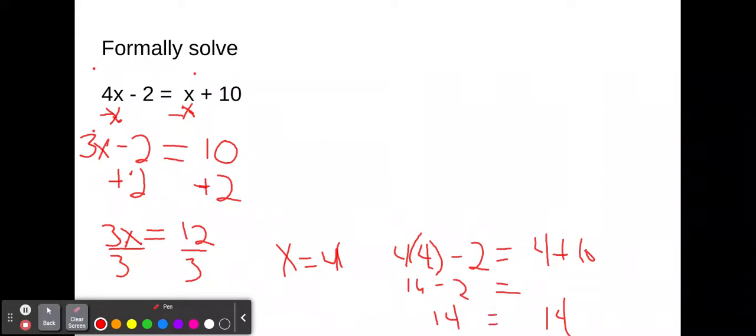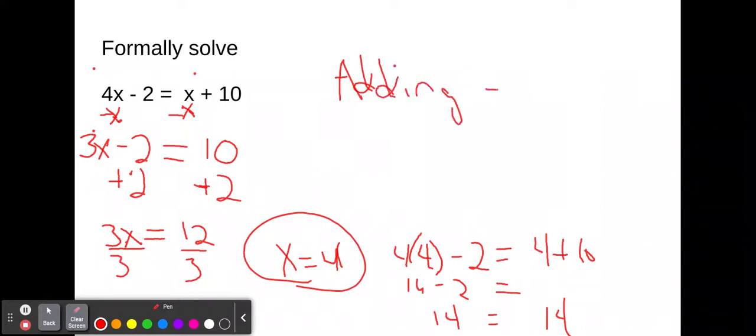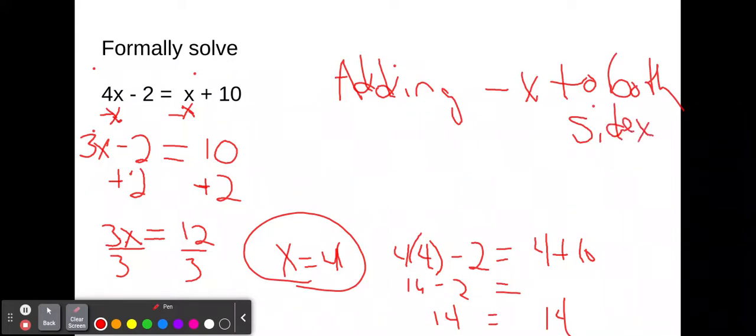So that shows me that that is indeed the solution. Kind of hard to read there, but step 1 was, I'm going to call it, adding a negative x to both sides, or subtracting x from both sides.